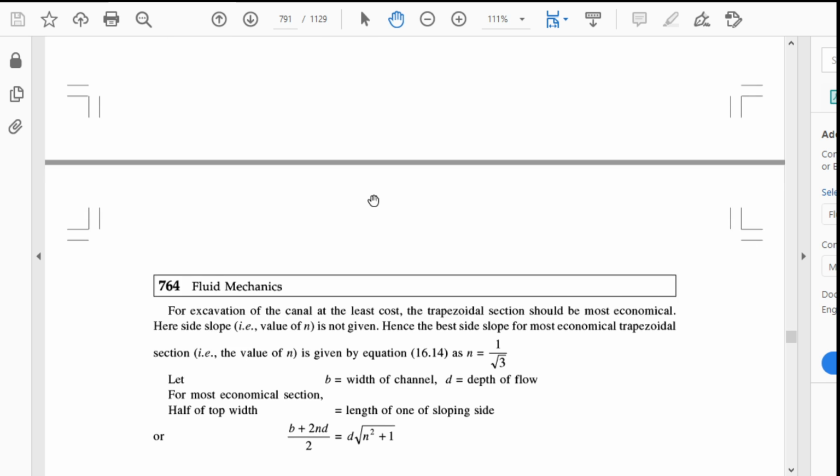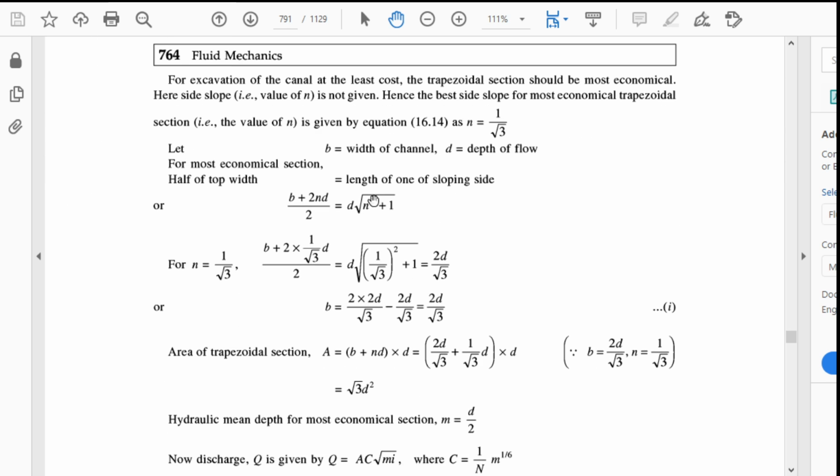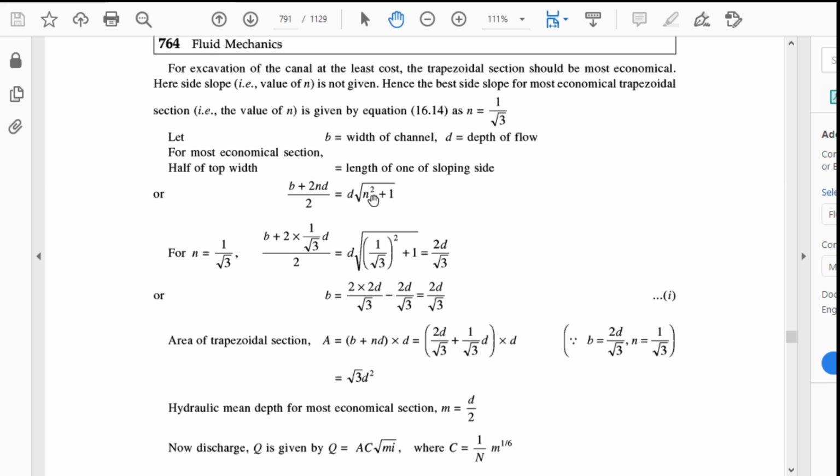Now for the excavation of the canal at the least cost, as I have already explained, least cost means this channel should be the economical one. So we can use the conditions for the most economical trapezoidal channel section, and also the conditions for the best side slope.